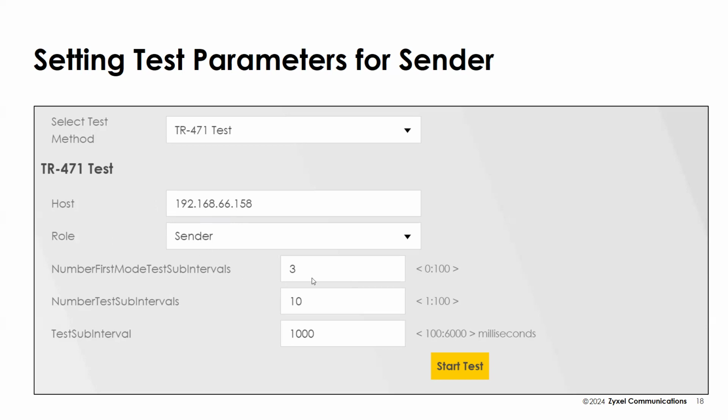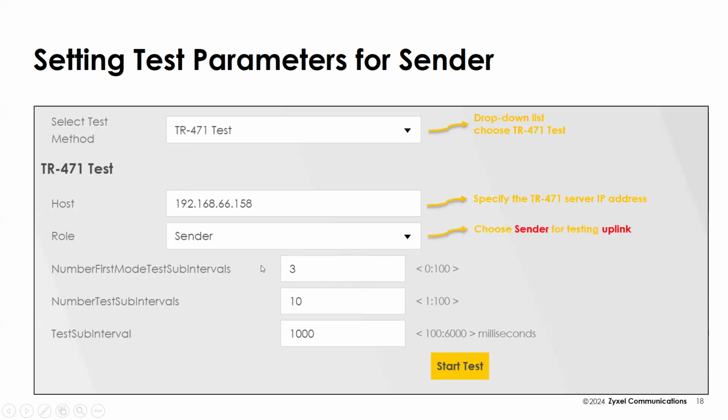And we can also see there are several interval related parameters we can set on our devices. For the first one, if we want to perform a bi-modal test on our devices, we can set a non-zero value in the field. If we set 0 in this field, it means we disable the function on our device.